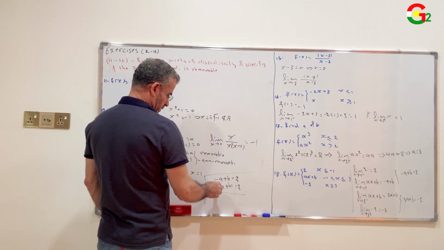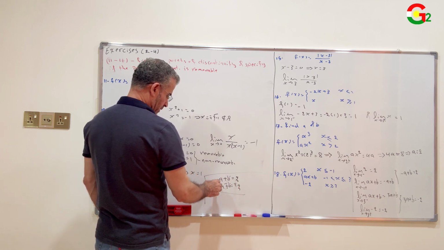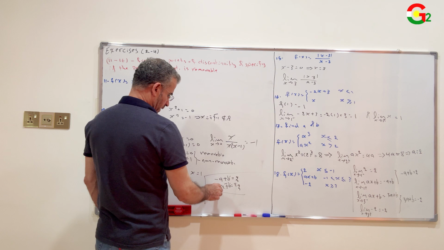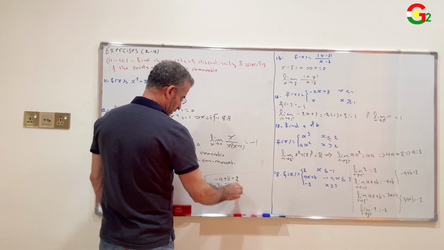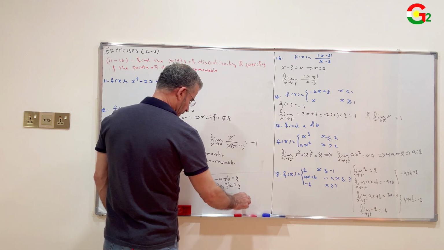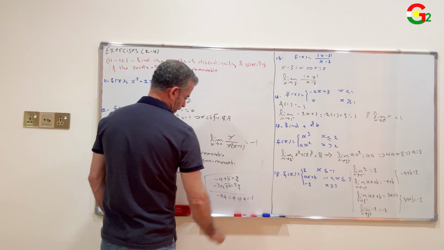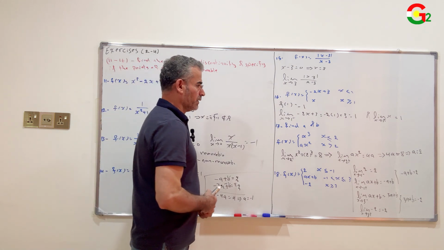By subtraction, b with b, -a, -3a, -4a equals 2 plus 2, 4. Therefore, a equals 4 over -4, which is -1.